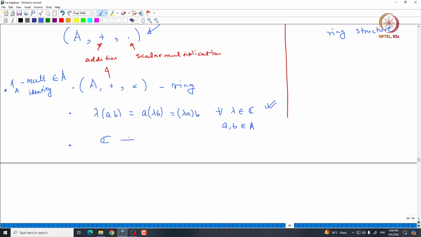We have a natural map from C to capital A, given by lambda goes to lambda times 1A.